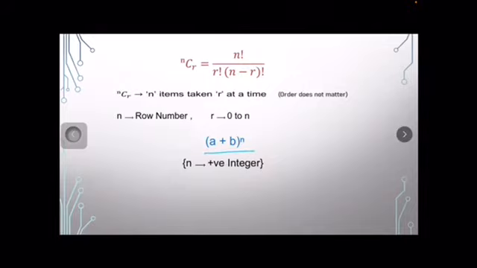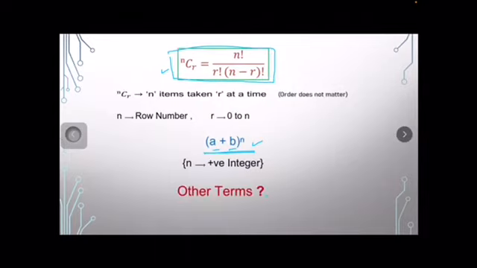You can easily find the coefficients of a plus b raised to the power n by the combinations nCr, right? So now what about the other terms? Other terms means those in which we have a and b. So what are the other terms?